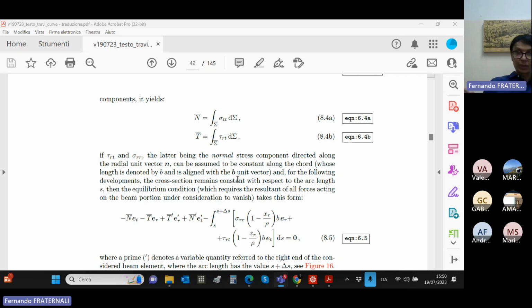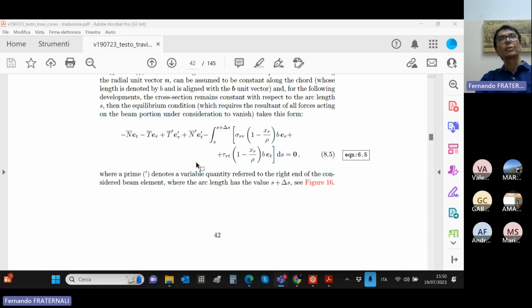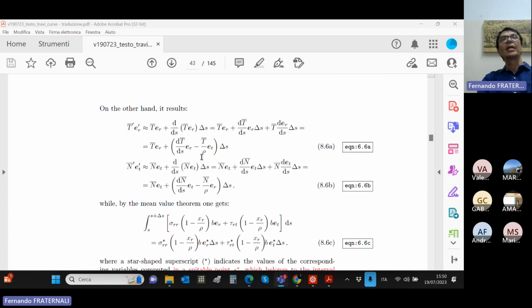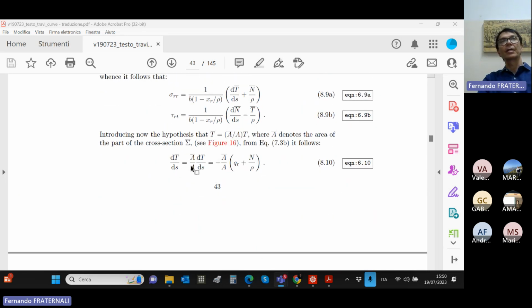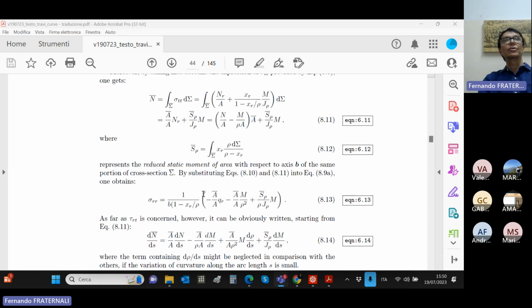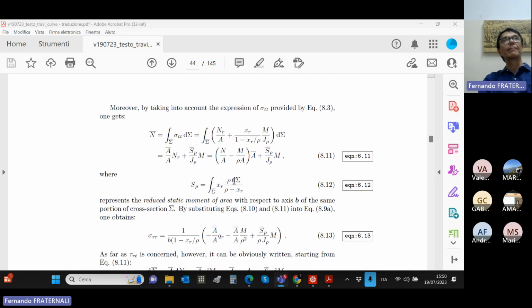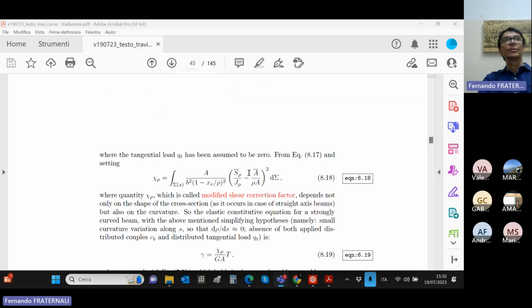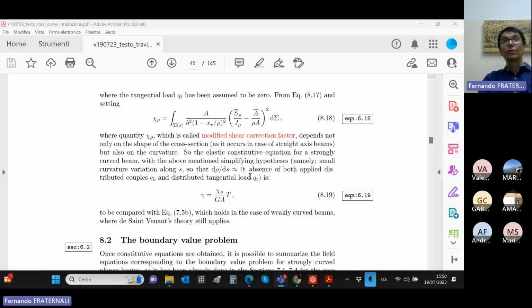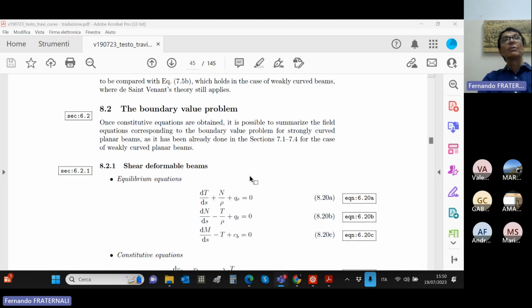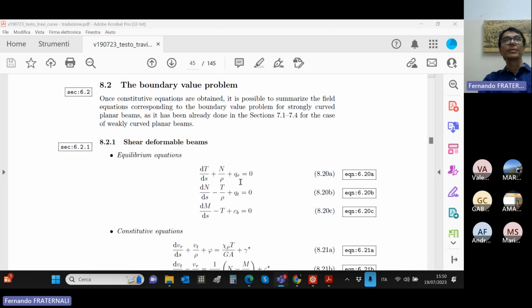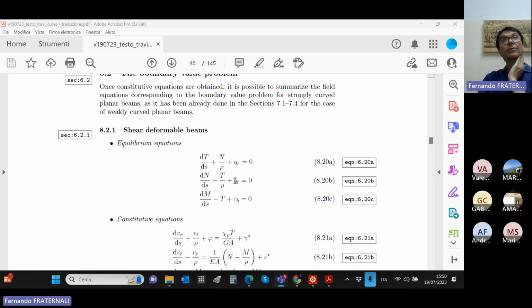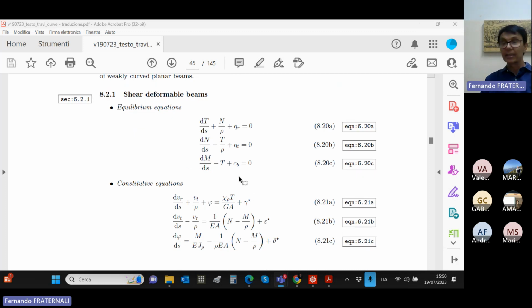If one needs to go to the local stress state, one can use these equations for sigma RR and tau RT, and also one has obtained this correction of the constitutive equation for the shear with this shear correction factor. So what is the boundary value problem? Now, this is the boundary value problem. The equilibrium equations are the same as have been discussed this morning by Professor Cazzani.